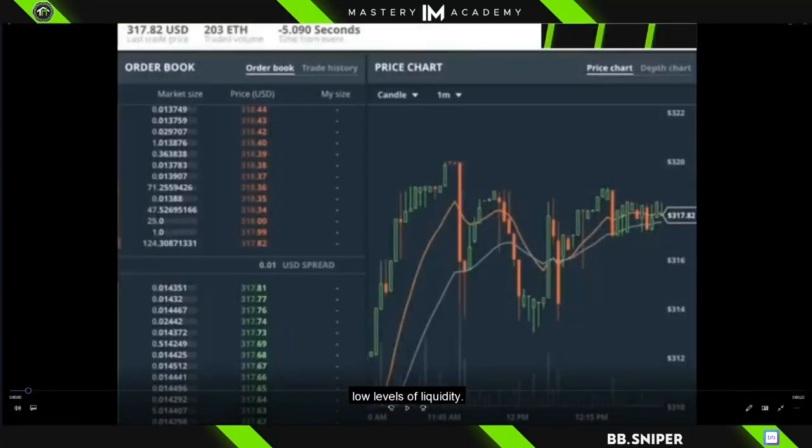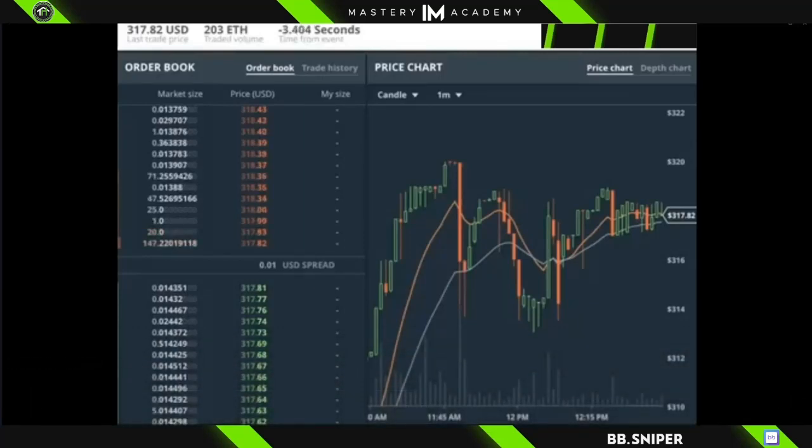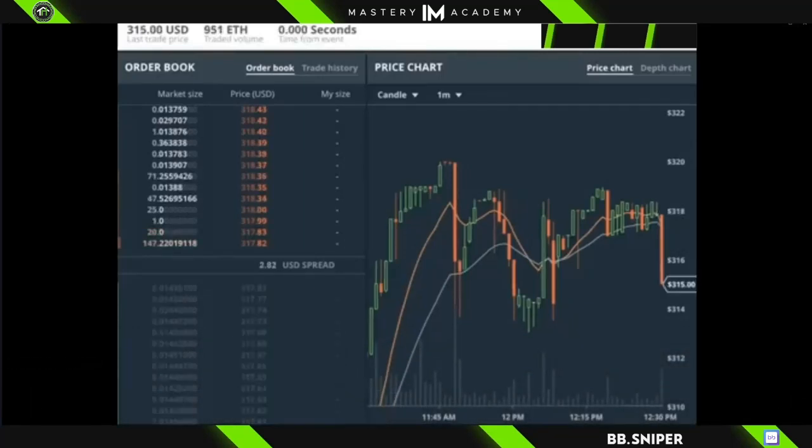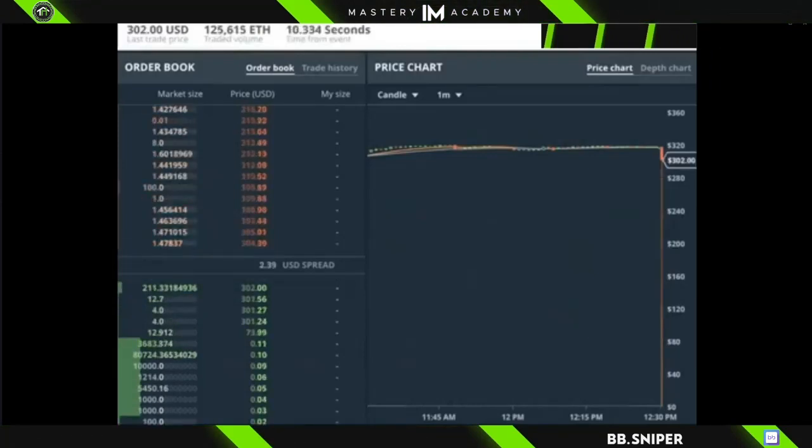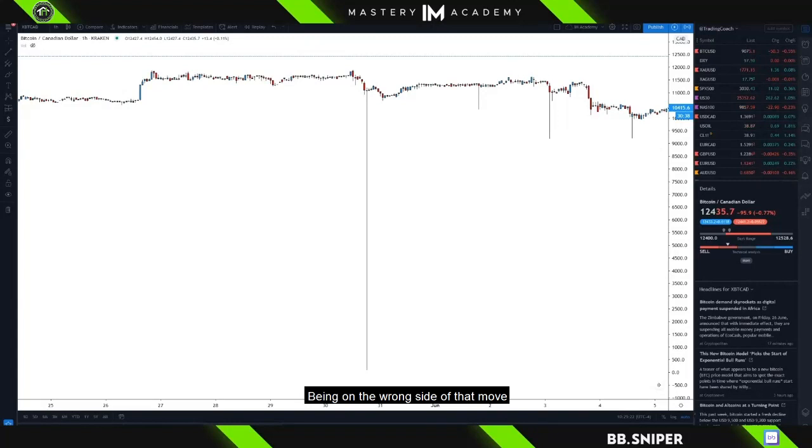Let's take a look at what happens when there are low levels of liquidity, not much market participation, and a large amount of orders that suddenly enter the market. Being on the wrong side of that move would be absolutely detrimental.